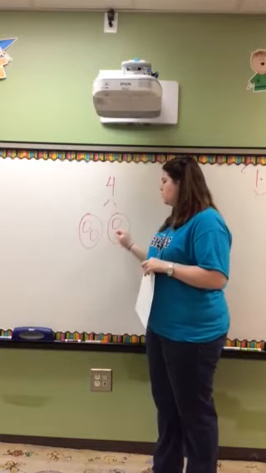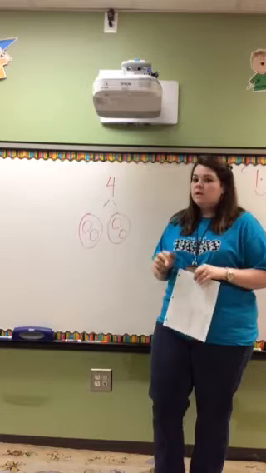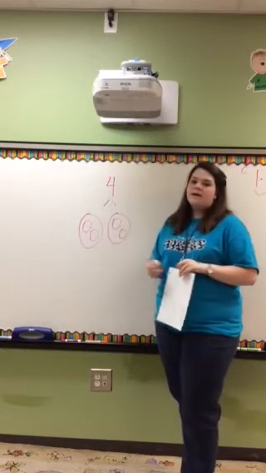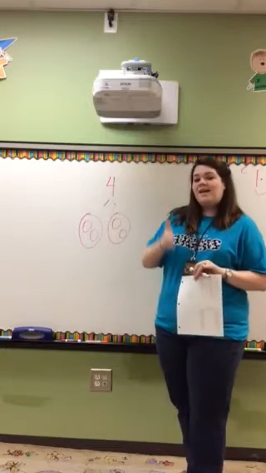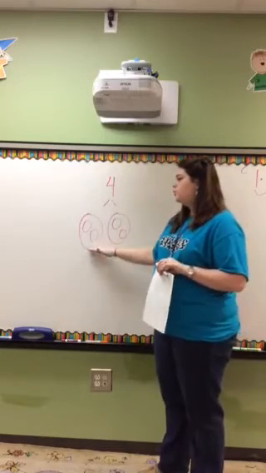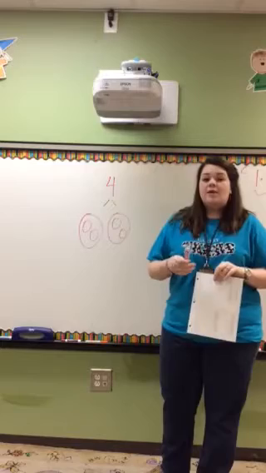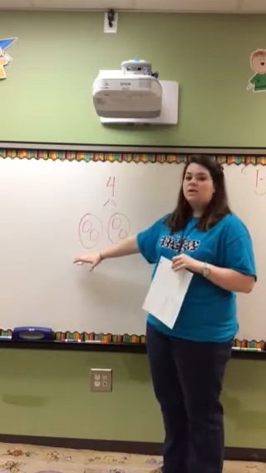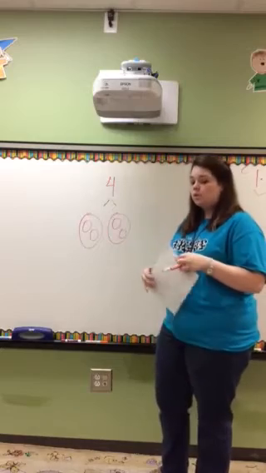So I've just represented my 1, 2, 3, 4 basketballs, and to split them in half, I've split them into 2 equal groups. So a half is an equal amount of something when it's split into 2 equal groups.